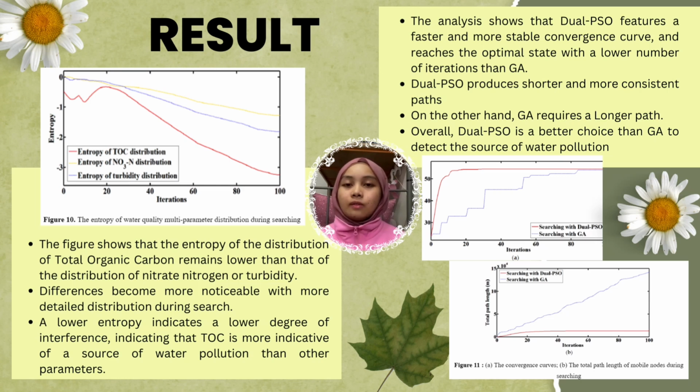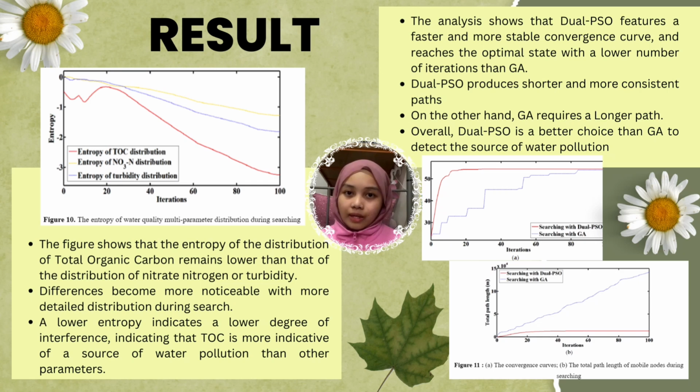Next is figure 11. Figure 11 compares the dual PSO algorithm with the GA, which is genetic algorithm, in finding water pollution sources. The analysis shows that dual PSO features a faster and more stable convergence curve and reaches the optimal state with a lower number of iterations than GA.